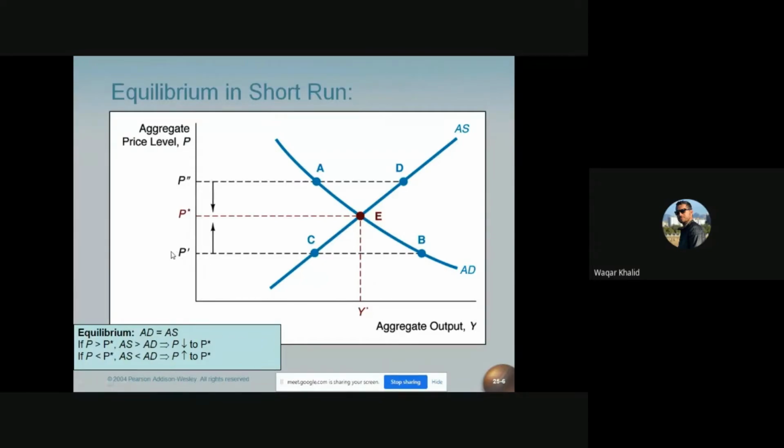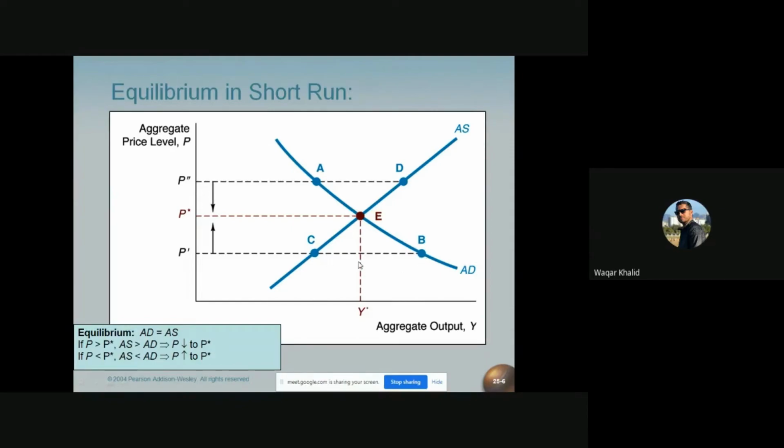Suppose the price is below the equilibrium price, so we are here at point C and point B. At point C, this is the aggregate supply, and at point B, this is the aggregate demand.